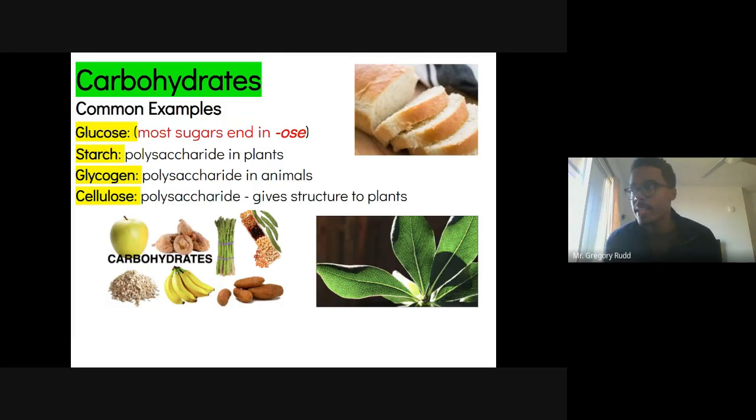So here are some common examples of carbohydrates. We've got glucose. Glucose is the monomer of a carbohydrate. So glucose and monosaccharide, those mean the same thing for the most part. Starch is a carbohydrate as well.